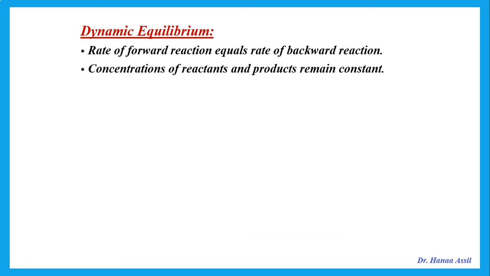This keeps going forward and backward until the reaction reaches dynamic equilibrium. The conditions for dynamic equilibrium are that the rate of forward reaction equals the rate of backward reaction, and the concentrations of reactants and products remain constant.